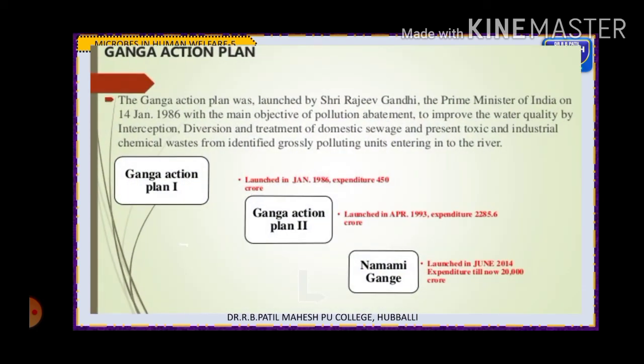Remember this, children. The Ganga Action Plan was launched by Sri Rajiv Gandhi, the then Prime Minister of India, on 14th January 1986. The main objective of this was pollution abatement, that is mainly to improve the water quality. Then the plan was carried out in different phases.